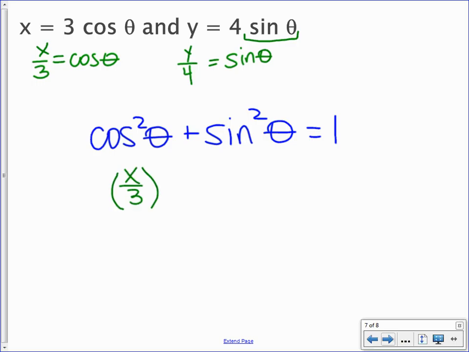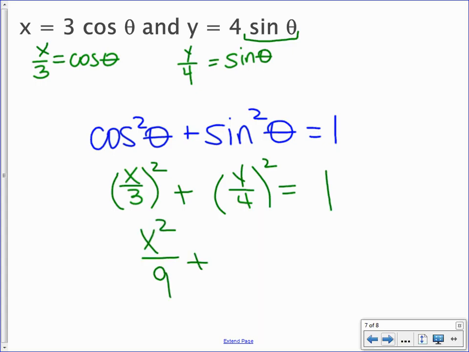So instead of cosine squared, we have x over 3 squared. And instead of sine squared, we can write y over 4 squared. And what do we have? What is that? It's an ellipse.